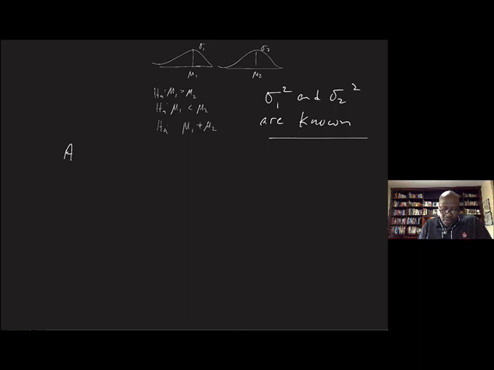So a 1 minus alpha times 100% confidence interval for mu1 minus mu2. And remember that 1 minus alpha is the confidence coefficient. So if we're in a 99% confidence interval, 1 minus alpha is 0.99, which means alpha is 0.01.